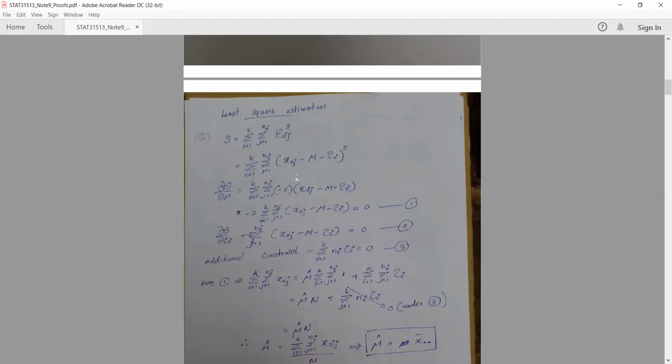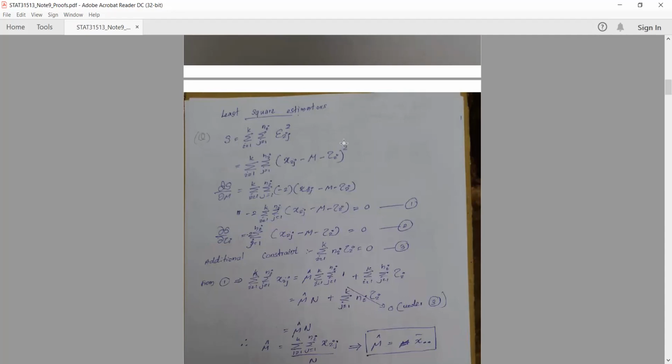We can see we have two parameters to estimate, that is mu and tau i. Under the least square method, after writing down an expression for the squared error terms, we can partially differentiate the equation. Let's differentiate first by mu.